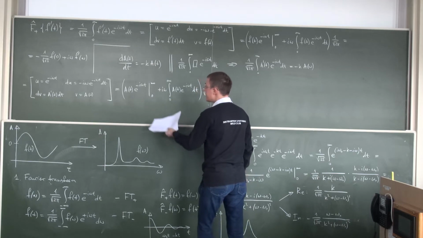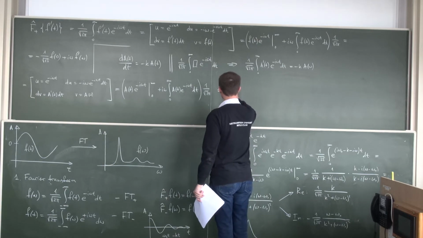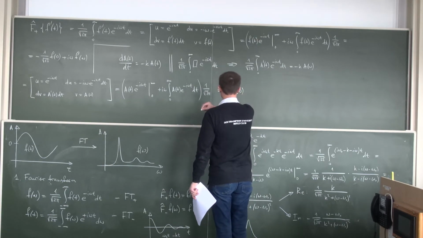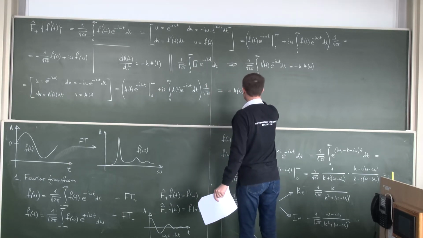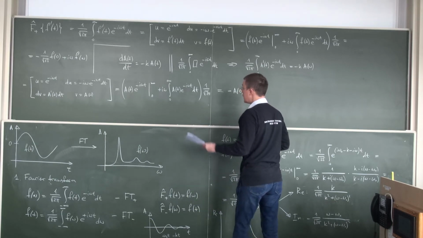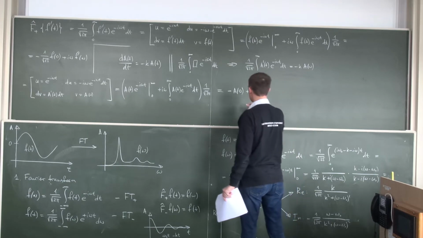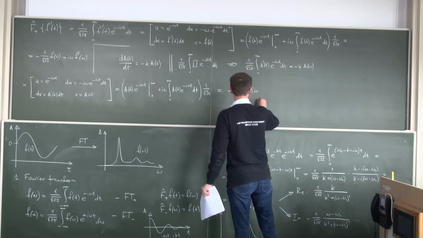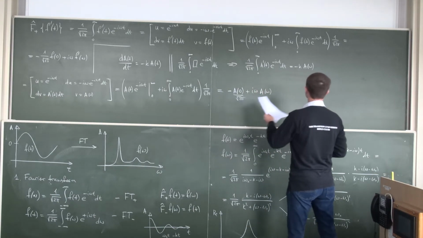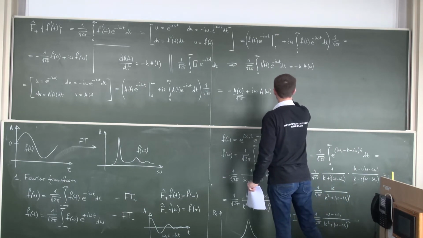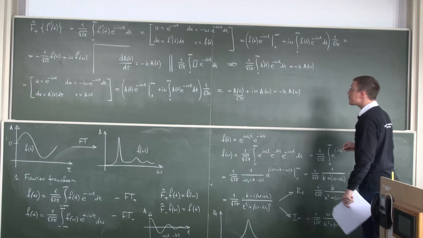At the 0 limit, that's the initial concentration, and the exponential disappears, and so we have minus A of 0. And then here, this is plus i omega, and that is just the A of omega, and that should be over root 2 pi. And that is equal to the right-hand side of the original equation.